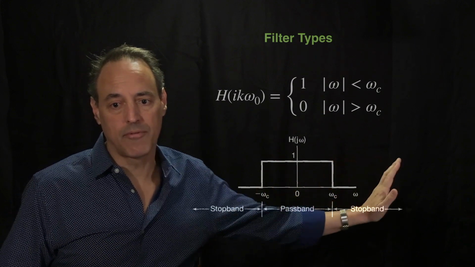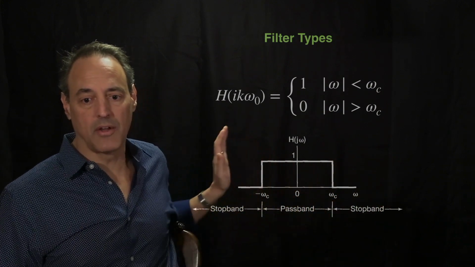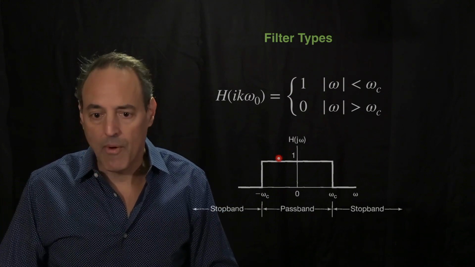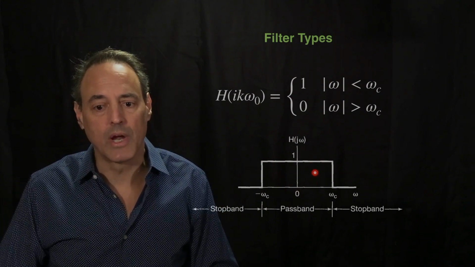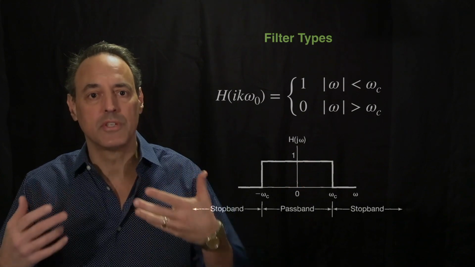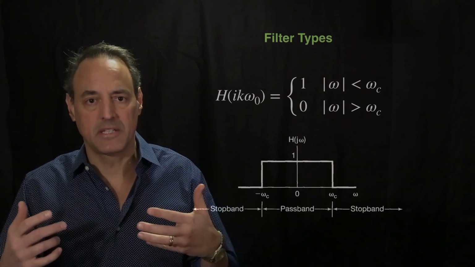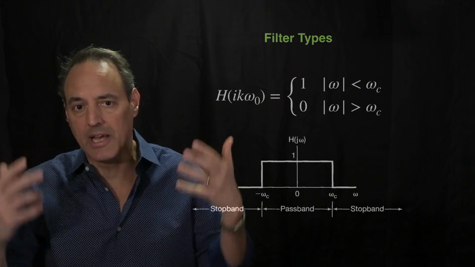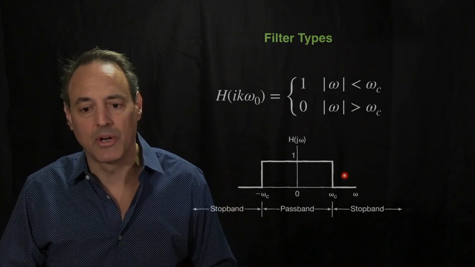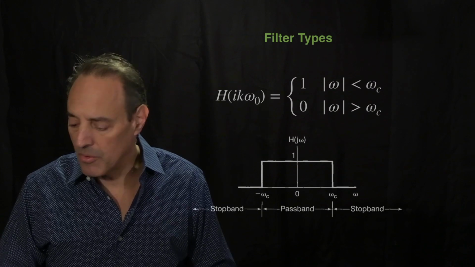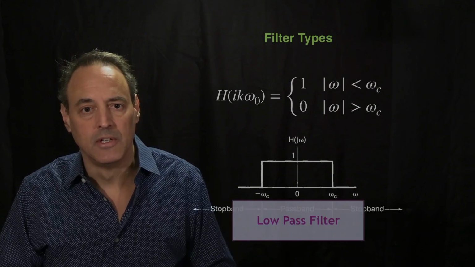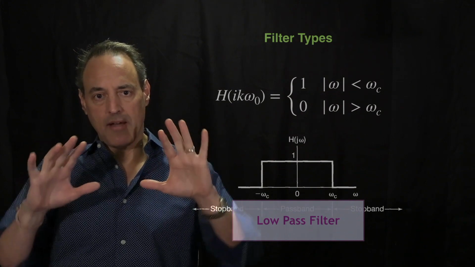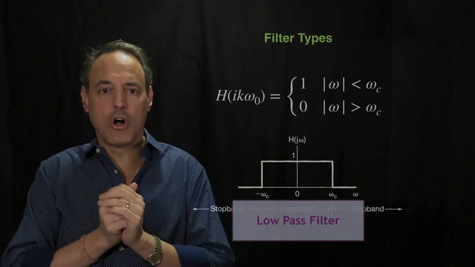If you're too high a frequency, you get killed off, and if you're high on the other end, you're killed off. So this allows a band of frequencies living right in here to come through this system unaffected by this filter, and all the high frequencies are going to get multiplied by 0 and killed off. This is what's known as a low-pass filter. The low-pass filter keeps a band of frequencies alive and attenuates all others.